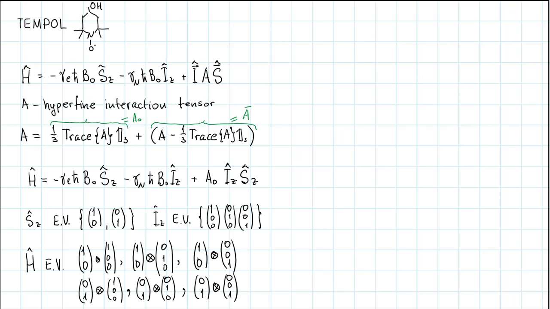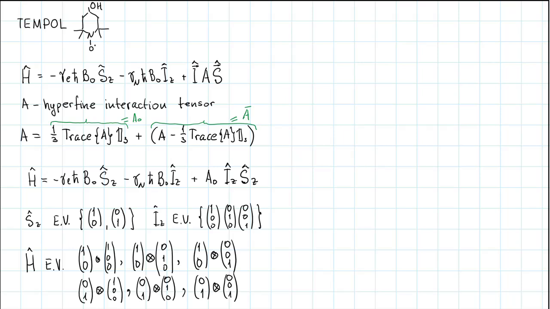Using these eigenvectors, I can draw an energy diagram for this Hamiltonian, which is basically equal to the determination of the eigenvalues. I will do it step by step. I will determine which contribution to the energy each term in the Hamiltonian gives when acting on each eigenvector.